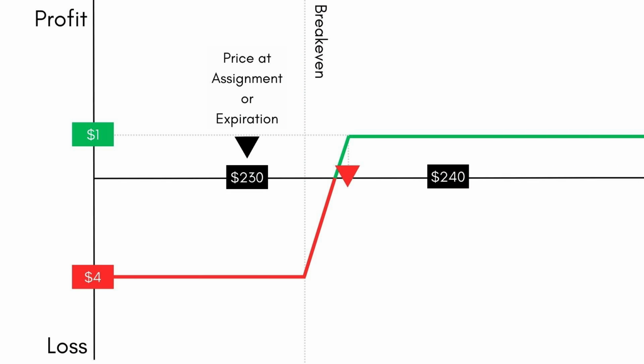But since the only logical reason that a buyer would exercise the option is if the price of the asset goes below the strike, well, that means that you'd be in a loss position. Say, for example, you wrote a Tesla put with the $235 strike and collect $1 for that trade, or $100 for the option, and the price goes to $230 and gets assigned. Well, that means you're looking at a maximum loss of $4.